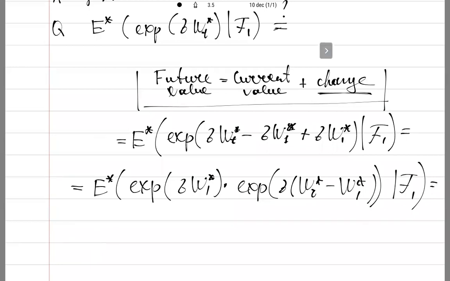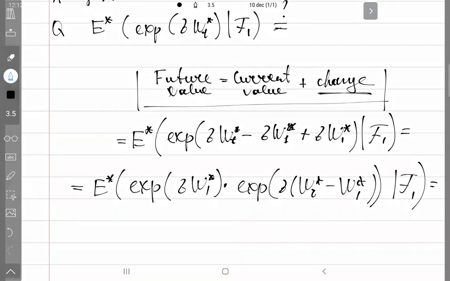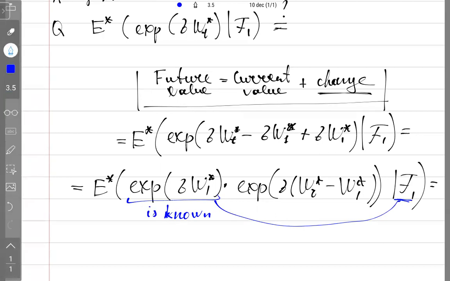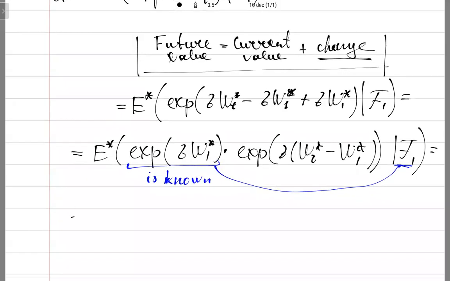So the first term is known, and so I can take it out of the expectation, out of the expected value.